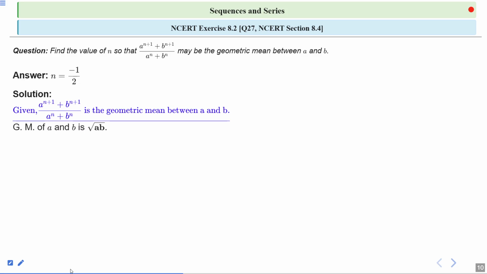As you know, the geometric mean of a and b is the square root of AB. So by the given condition, a to the power n plus 1 plus b to the power n plus 1 divided by a to the power n plus b to the power n is the geometric mean between a and b.